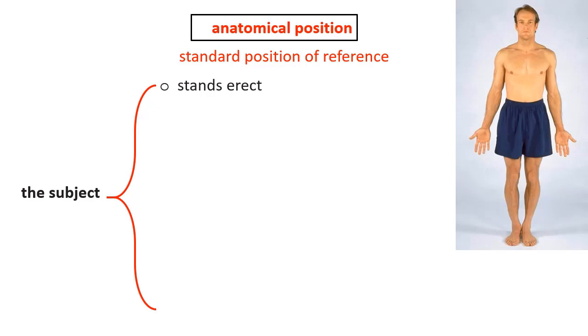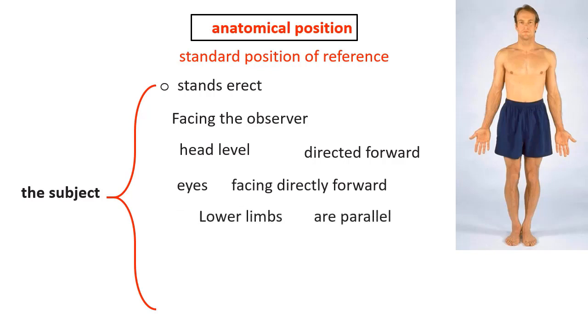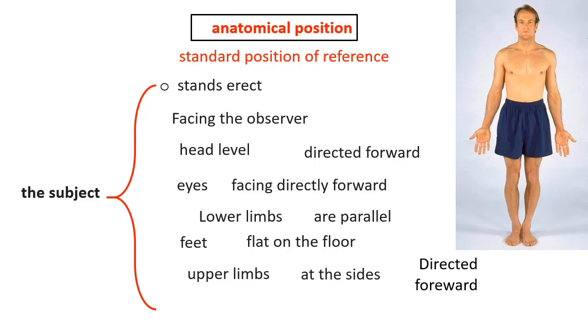We have seen that the body is erect, facing the observer, head level with the observer, that means it is directed forward, eyes facing directly forward, lower limbs are parallel to each other, and the feet are flat on the floor, and the upper limbs are at the sides, and the palm is directed forward.